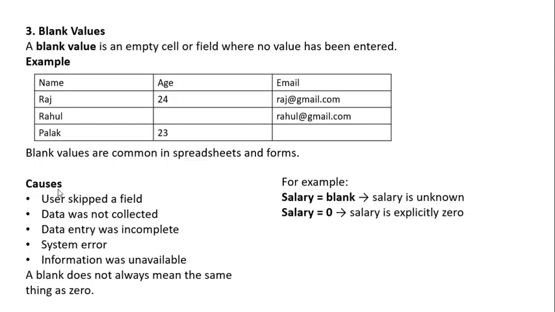In this case a user has skipped the field, or the data was not collected, the data entry was incomplete, or the system error made the information unavailable. A blank does not always mean the same thing as zero. For example, salary equal to blank means the salary is unknown, while salary equal to zero means the salary is expectedly zero.